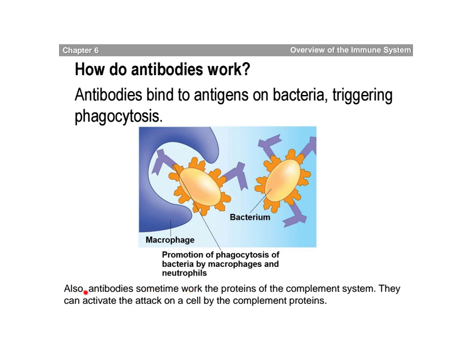And previously, we talked about antibodies and how they can work with proteins of the complement system. Recall that they can attack a cell, and then with the aid of the complement proteins, put essentially a pore in the bacterial cell membrane, leading to the cell swelling up and lysing.